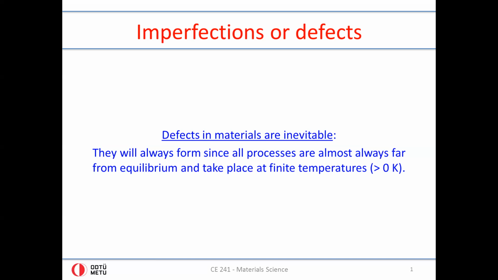Hence, it has some sort of impurities, or some sort of problem with the arrangement, with the order of its atoms, the way they come together, the way they space themselves.